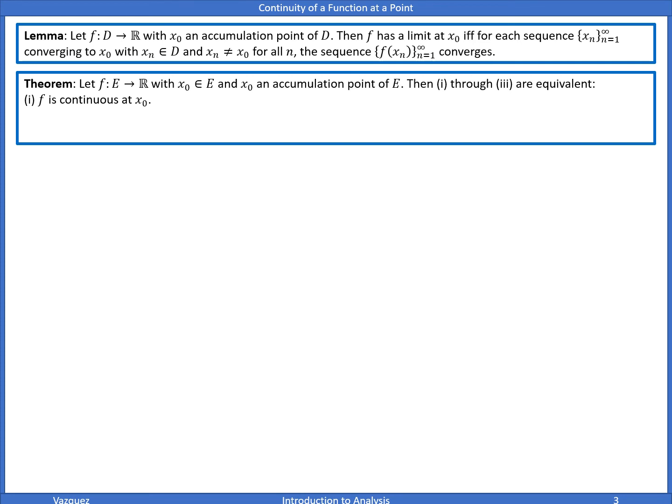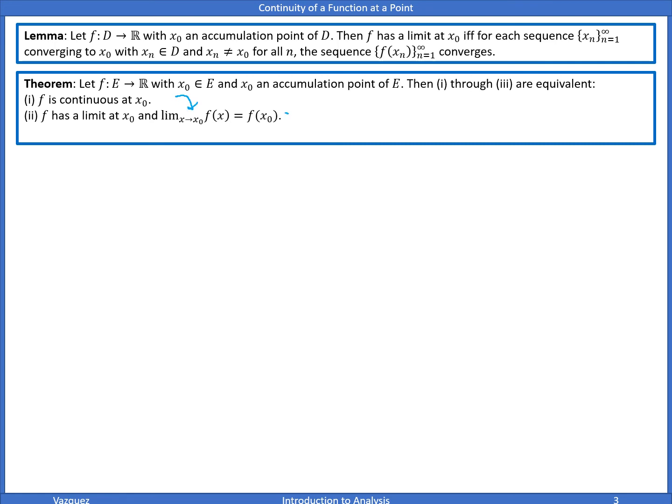It says let f map E to the reals with x naught in E and x naught an accumulation point of E. Well, then 1 through 3 are equivalent. So if f is continuous at x naught, that implies that f has a limit at x naught, and that limit, as x goes to x naught, of f of x happens to be f of x naught. So this one implies this one.